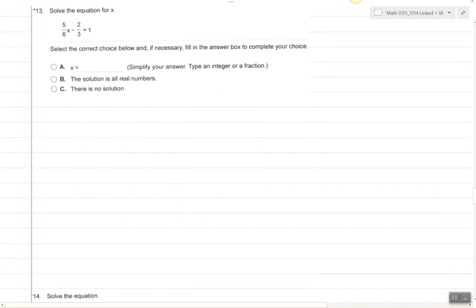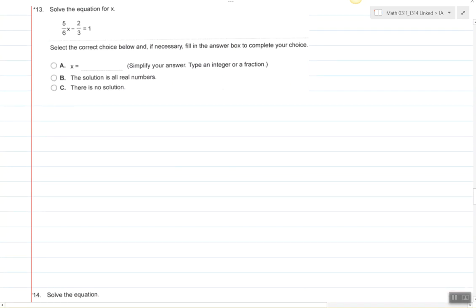All right. It looks like number 13 has some fractions in it, so I'm going to have to use that first step. So I have 5/6 x minus 2/3 is equal to 1. You're going to find the least common denominator of the denominators. The least common denominator of 6 and 3 is 6.